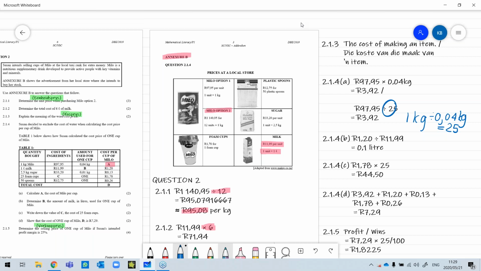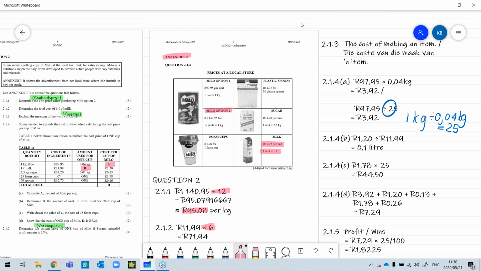Question 2.1.4b. So determine B, the amount of milk in liters used for 1 cup of Milo. Let's have a look. Over here is B. Now, once again, guys, for these questions, there is more than one calculation that we can make use of. So if you are not necessarily sure of how I calculated them in this webinar, have a look at the memorandum, as it does include many alternative methods to get to the answer.